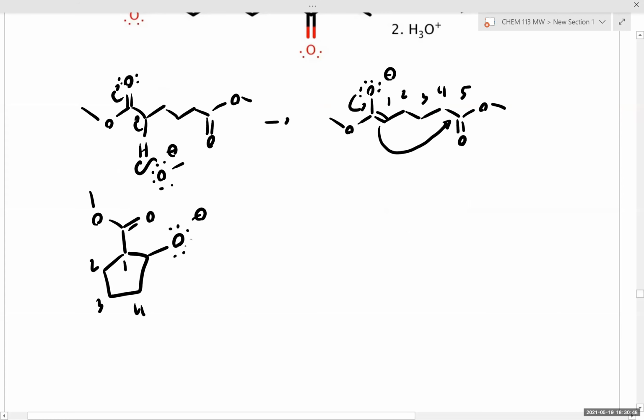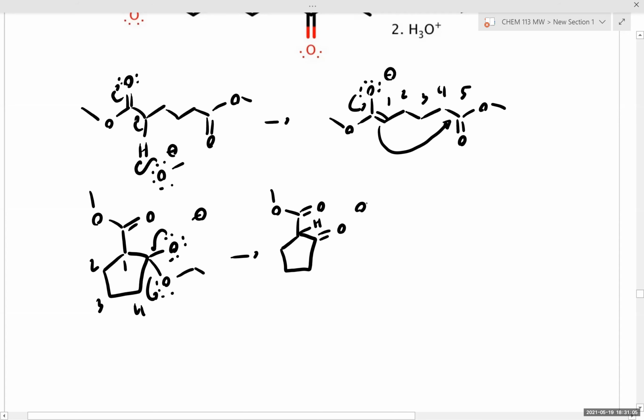So we have this tetrahedral intermediate. This tetrahedral intermediate will collapse. And that in turn gives us our desired beta ketoester.